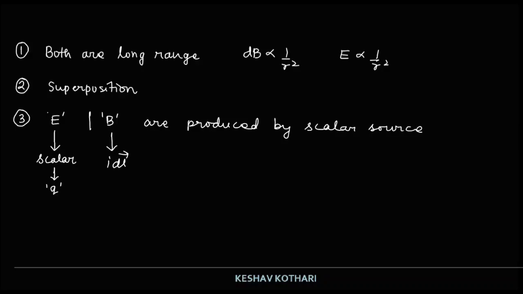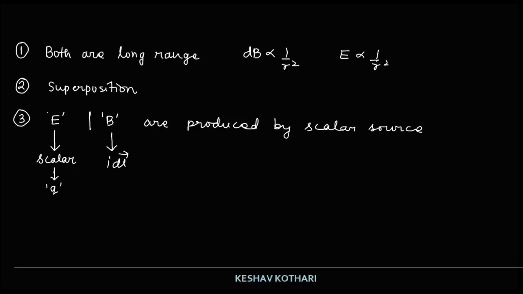When we express it, we write it in the vector form, that is I dl. So they both are produced by scalar source. Electric field is produced due to charge and magnetic field due to current. But when we write the equation, we write E equal to kq by r square, which is completely scalar, and the value of B is in terms of I dl, which is the current element and is a vector quantity.